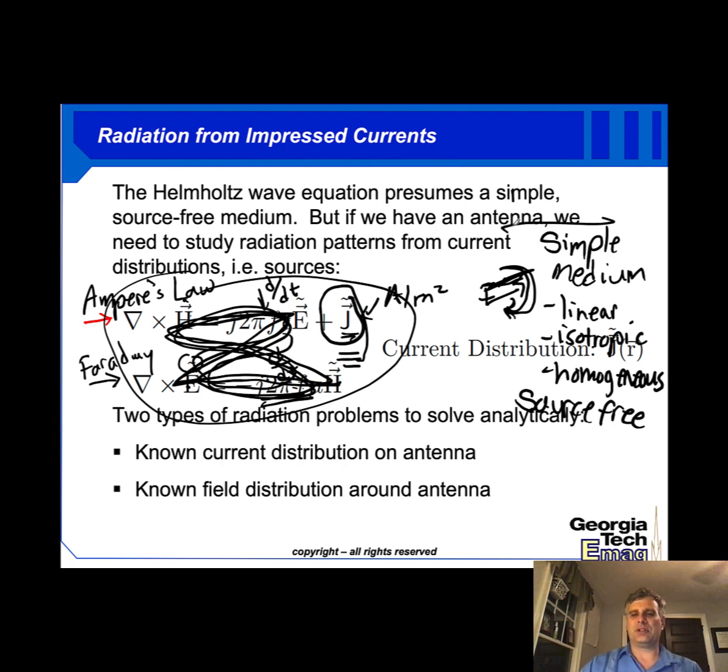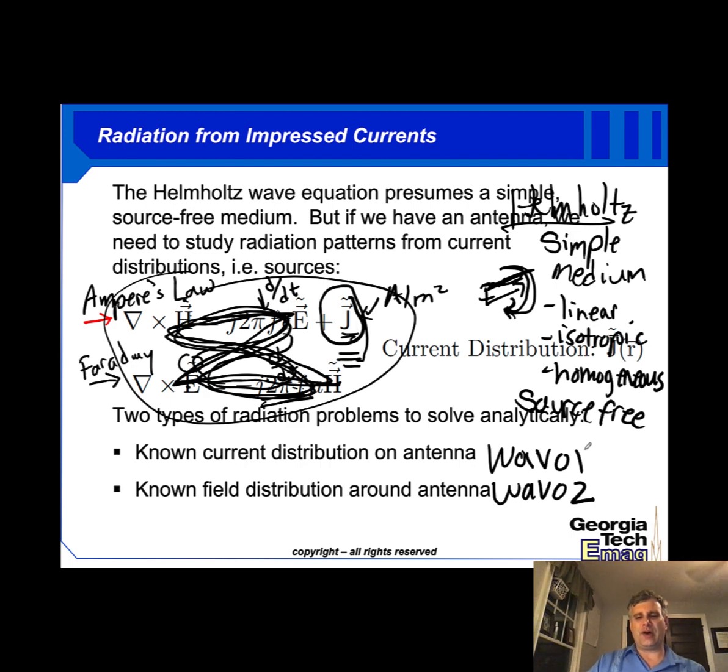So this was Helmholtz. And this is all discussed, the Maxwell's equations that are discussed in WAV Module 1, and Helmholtz is discussed in WAV Module 2. Now here's the problem.